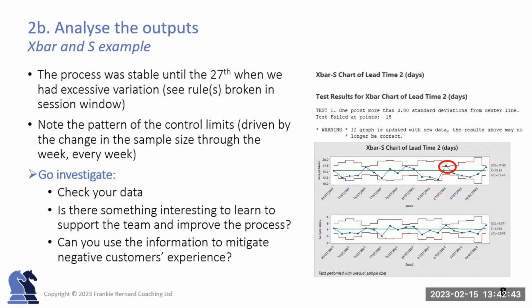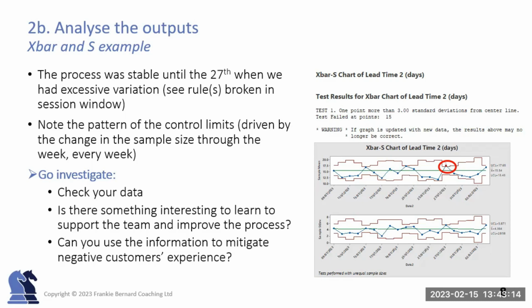And actually, that brings me to a point where this also is a great opportunity. Since you're going to go and investigate root causes, you should probably be able to go back to the customers that were the most affected. And it might be appropriate, obviously, to be discussed with the process owner, to put in some form of containment action or contingency action so that you can mitigate the likely negative experience that the customer did face so that you don't lose a future customer.